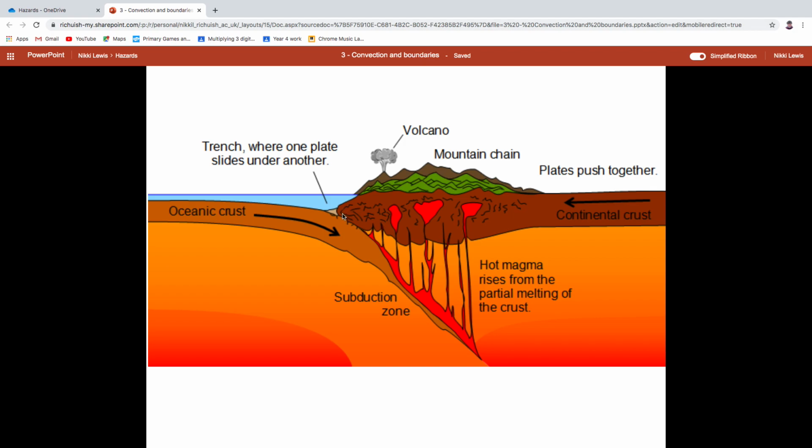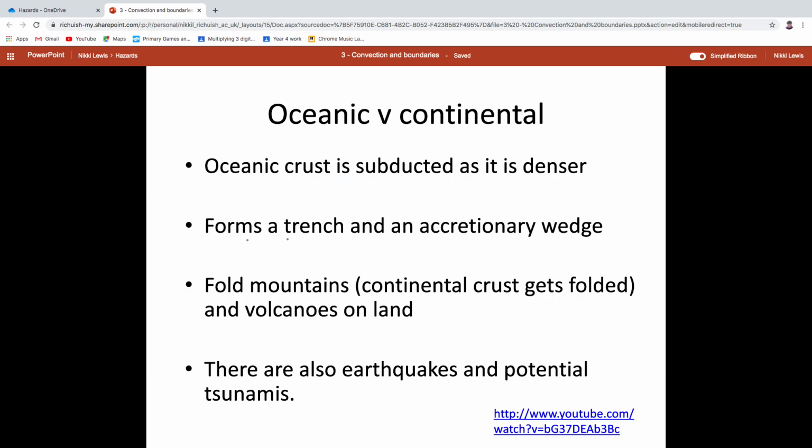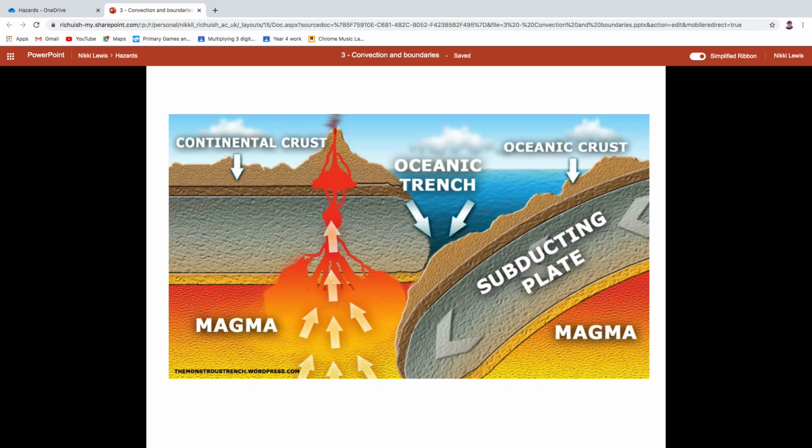Those earthquakes, if they involve sudden movement to the side or even kind of upward movement, that is called tsunami genesis. It's the creation of a tsunami, and this kind of plate margin is absolutely capable of producing those. So they are pretty deadly things. You get volcanoes, and you get earthquakes, and you get tsunamis.